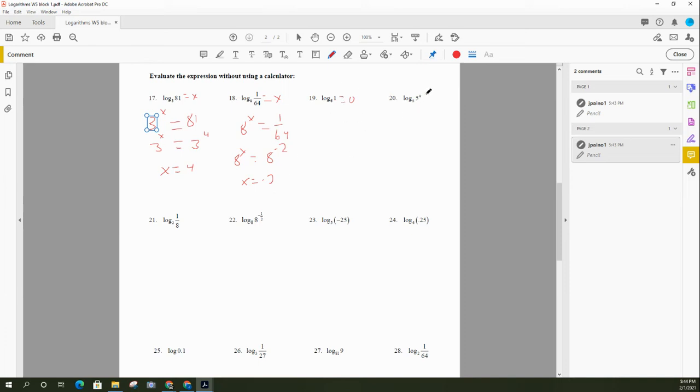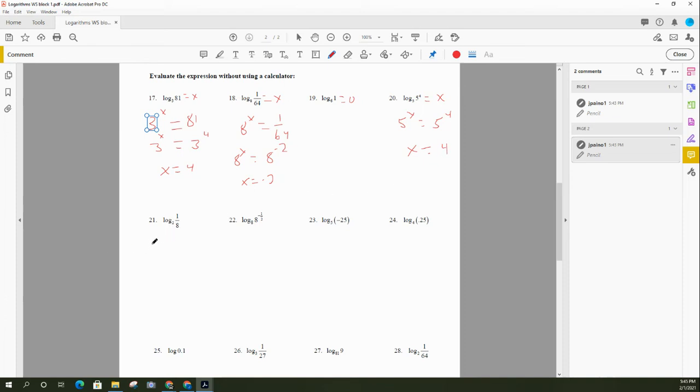All right, and then this one, there was a little formula in our notes today. If that base is the same as that base, it's just the exponent, but it should make sense. If I call that x, then saying 5 to the x equals 5 to the 4th, these bases are already the same, so x just equals 4.